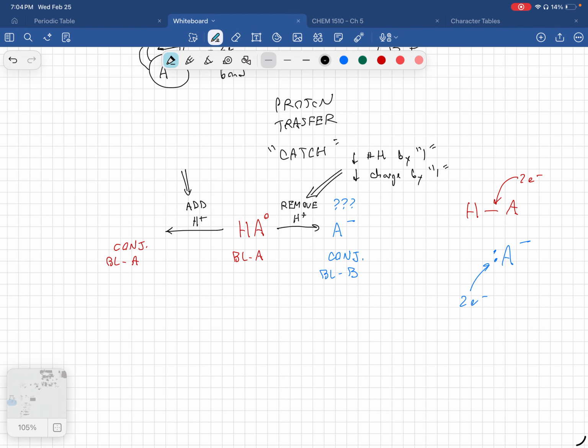Adding an H+ increases the number of hydrogen atoms in the formula by 1 and increases the charge by 1.